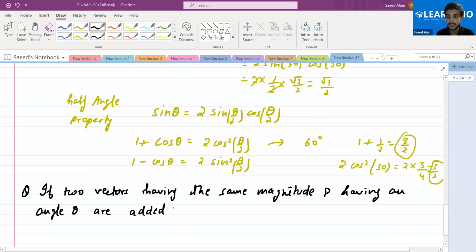We are adding them, both having the same magnitude p, and the angle between the two vectors is theta. Then find the magnitude of the resultant vector.